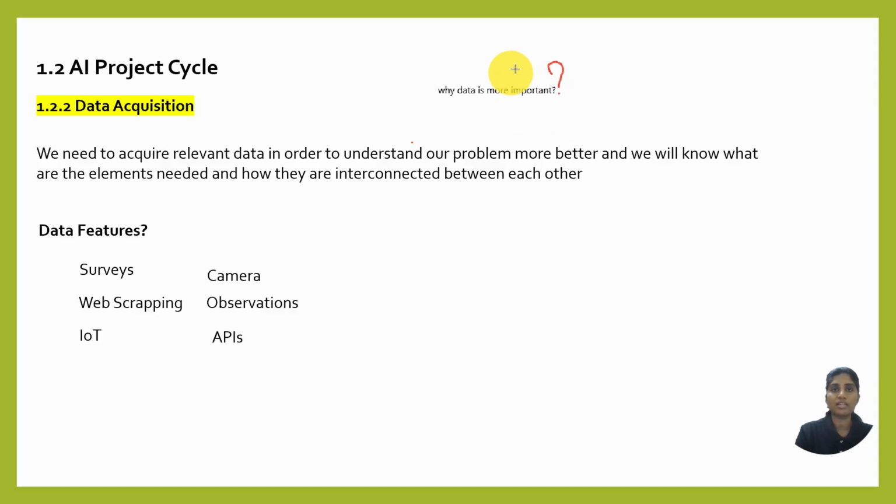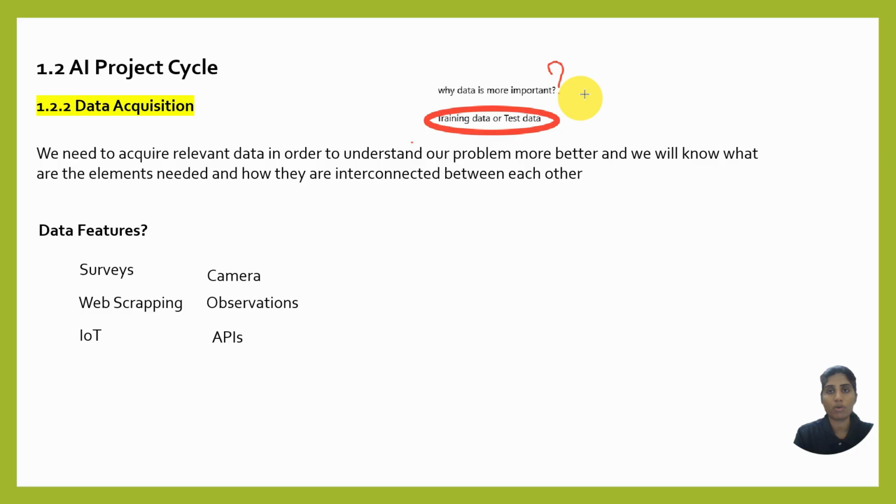The past data which we are feeding into the model, we call it training data or test data. Why are we giving test data to our model? Mainly because we want to predict.